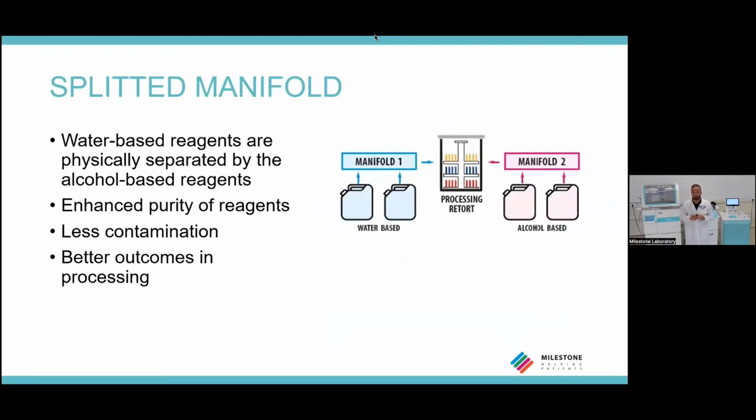This innovative solution avoids reagent contamination thanks to a different path for different families of reagents. Milestone created two different circuits, one for alcoholic and one for water-based reagents. These enhance the purity and the length of the reagents' life, and there's a better outcome in processing.